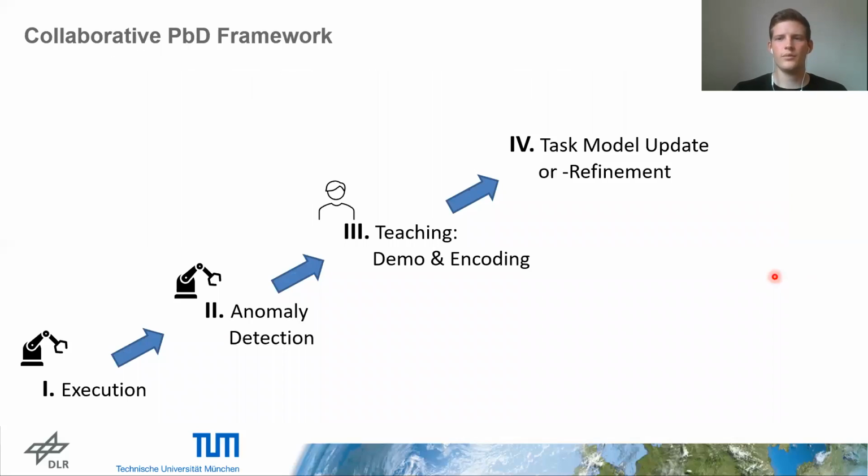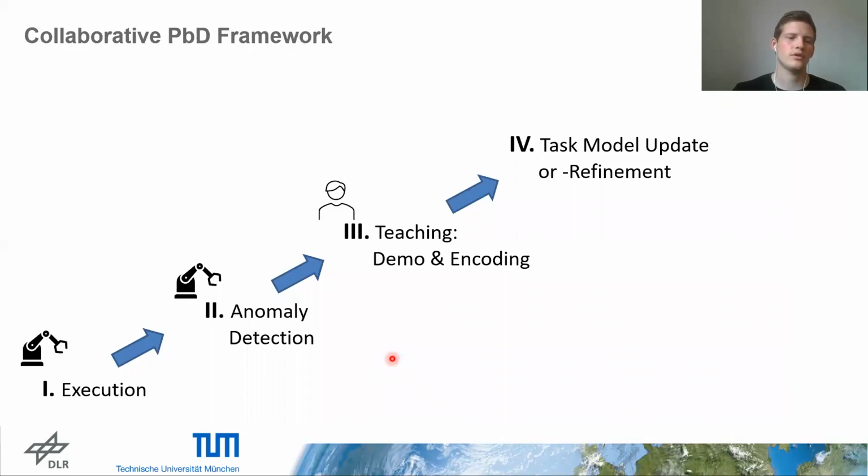To solve this problem, we've developed a collaborative programming by demonstration framework that allows non-experts like shop floor workers to program conditional tasks simply by demonstration. These conditional tasks involve decisions on how to react to different observations, and this has conventionally been solved by, for example, programming if statements.